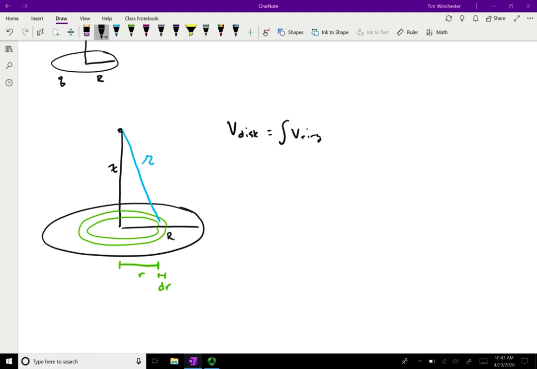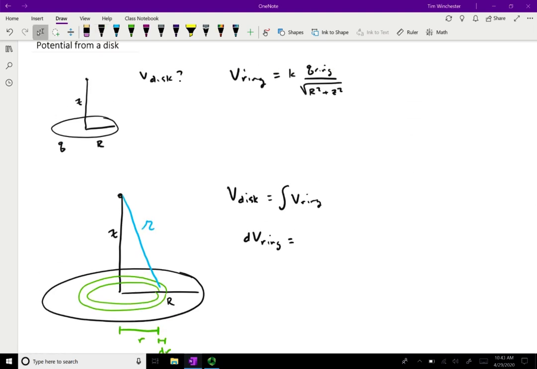So what was the potential from the ring? dV, which is the potential from the ring, is going to be equal to K times dq, which is the charge of the ring, over the square root of now little r squared, because the ring has a radius little r, plus z squared.